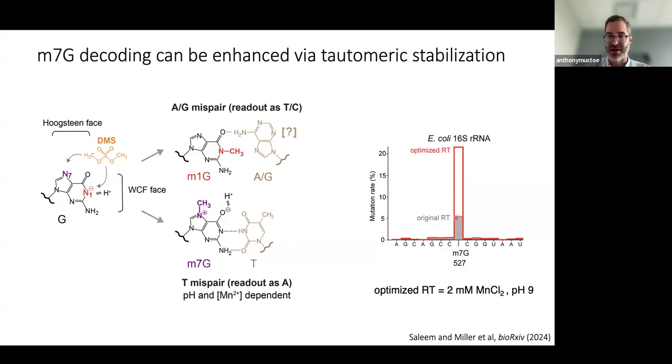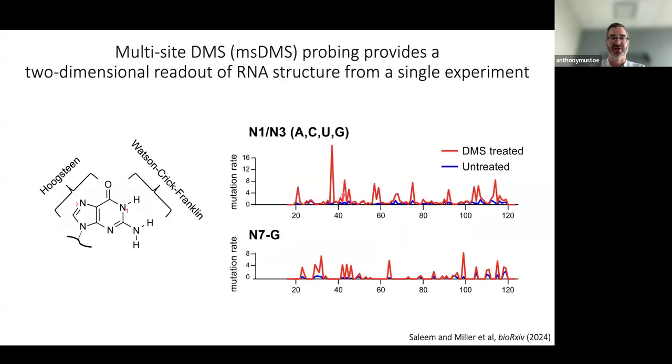Normally, our readout is quite low, which makes it challenging if you're trying to measure these in subsaturating or substoichiometric DMS modification conditions. But with this new optimized RT, we think we can get roughly 20 to 25% readout efficiency. So what that now means is that from a single DMS probing experiment, utilizing these different mutational signatures, we can get two channels of information.